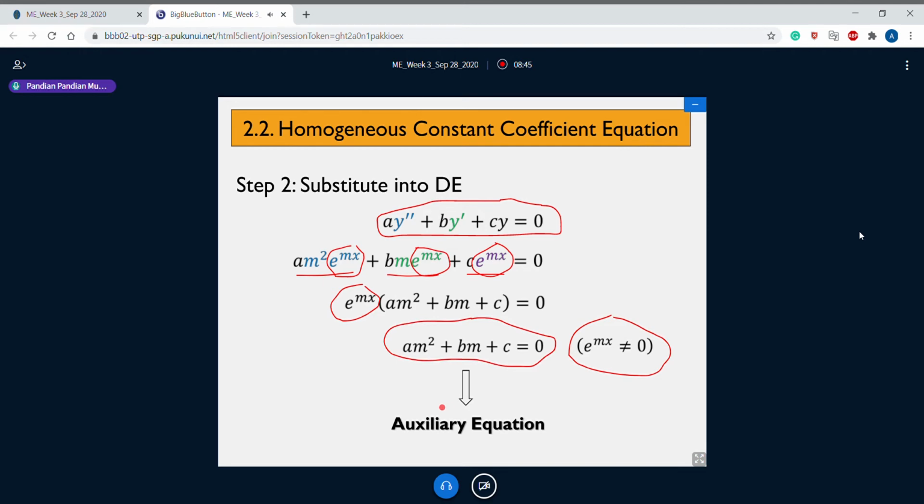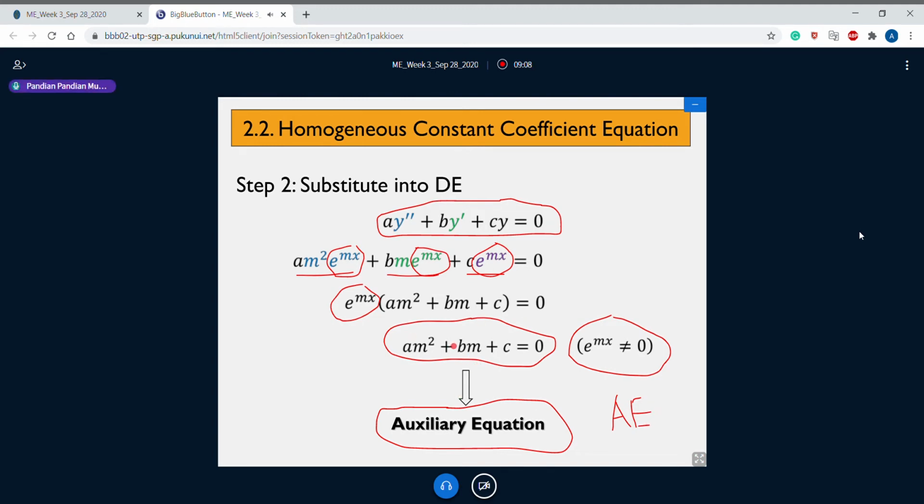This is what we call the auxiliary equation. So a m squared plus b m plus c equals 0 is called the auxiliary equation, AE for short. Remember, yeah? AE is short for auxiliary equation.